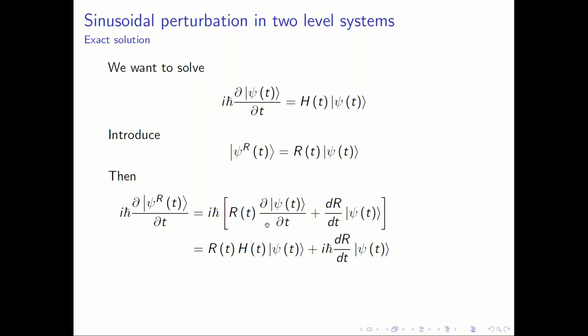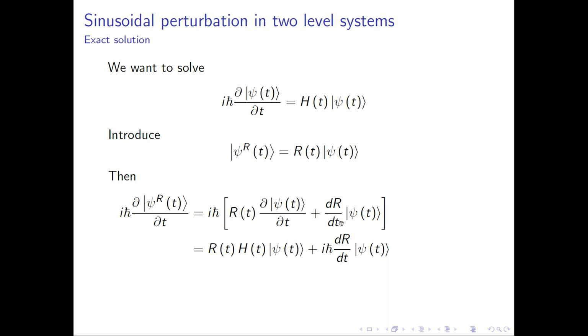So if you put that in, this first term becomes R(t) H(t) psi(t). The second term of course is i h cross dR/dt psi(t). Now since I want an equation in terms of psi_R, a Schrodinger equation so to speak for psi_R, the fact that there is a psi(t) on the right hand side is a problem.